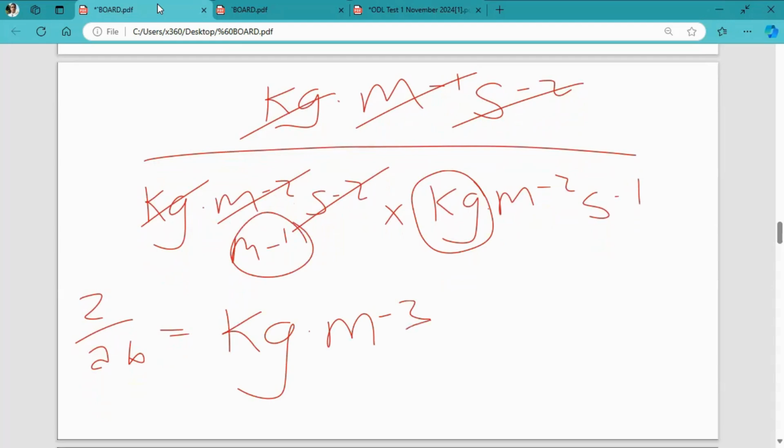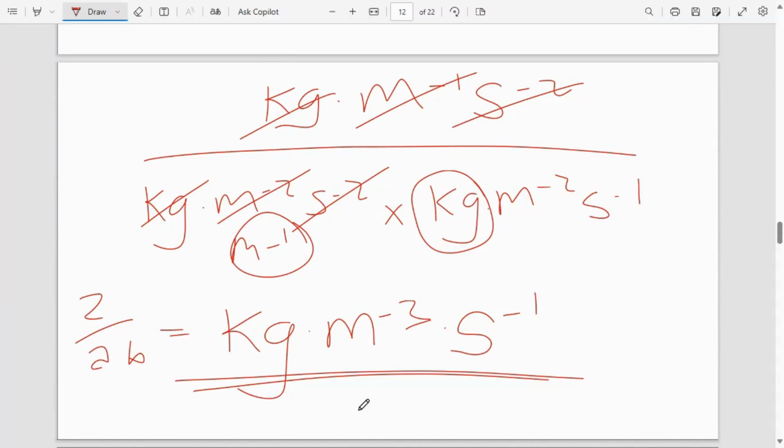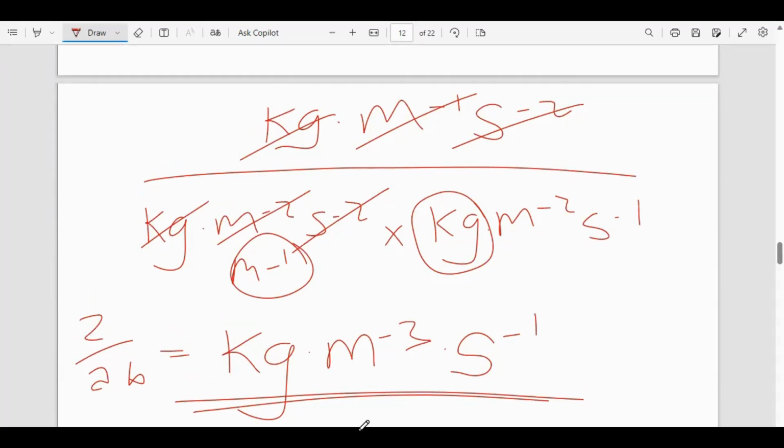So meter power minus 3 multiplied by second power minus 1. That means those are the dimensions of our equation. Okay, so that was part A of question 2. We can now go to part B.